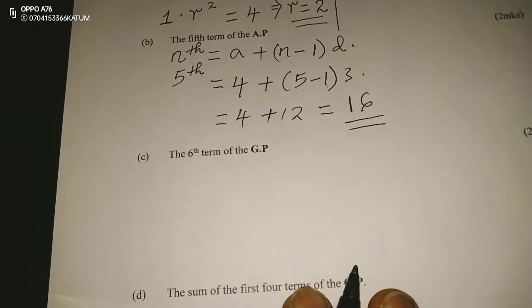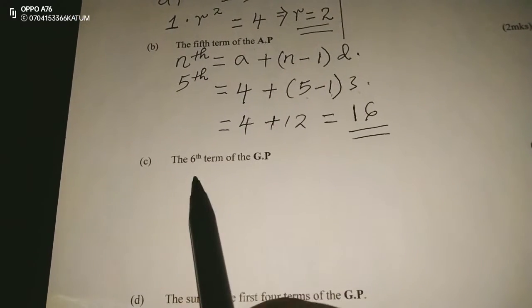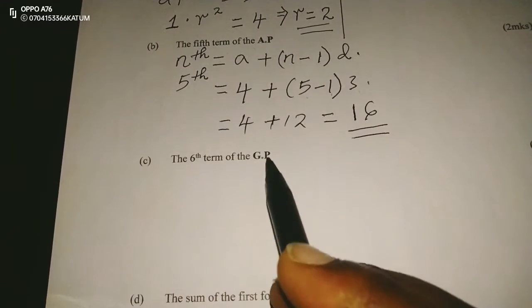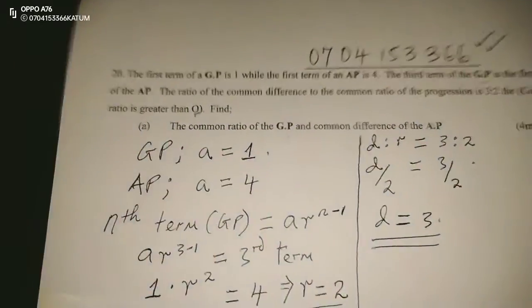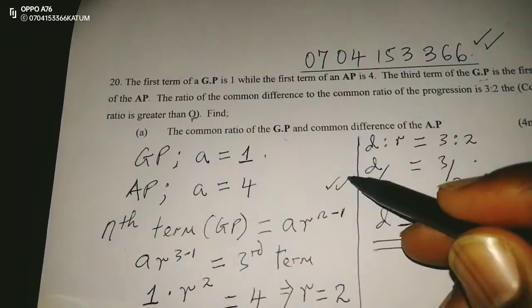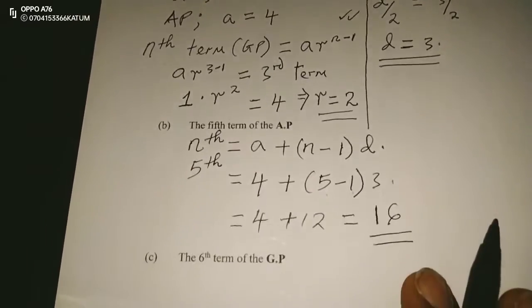We also have another part C here, which says we find the sixth term of the GP. We know that any term of a GP is given by the formula already stated here, A r to the n minus 1.